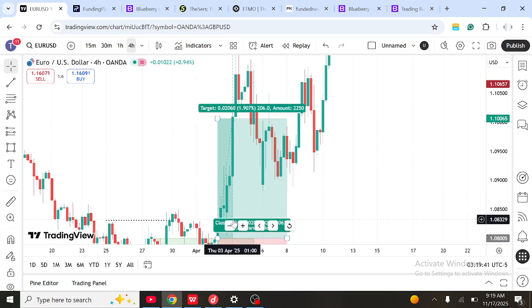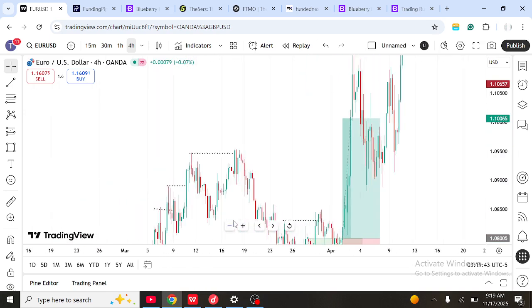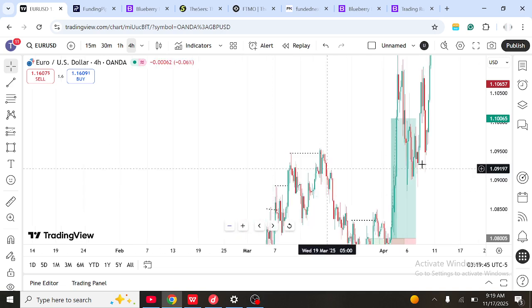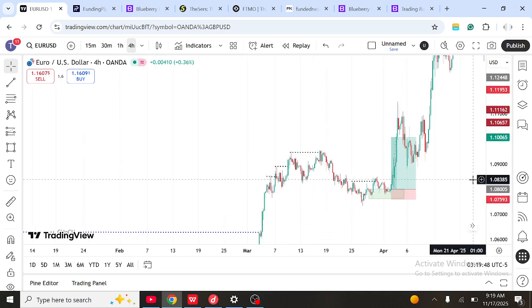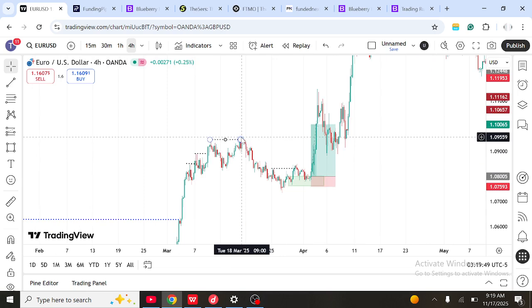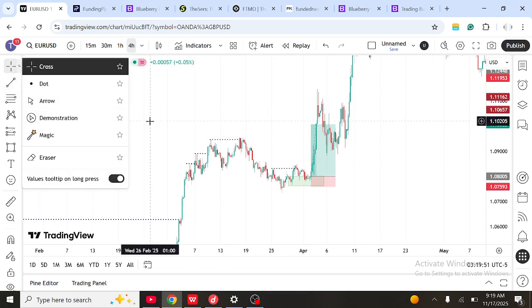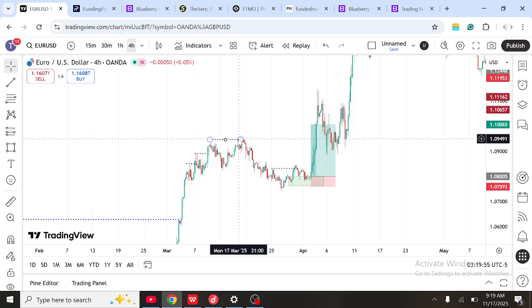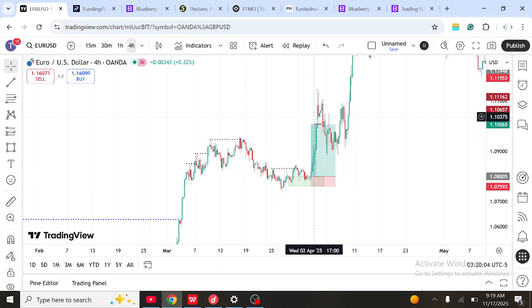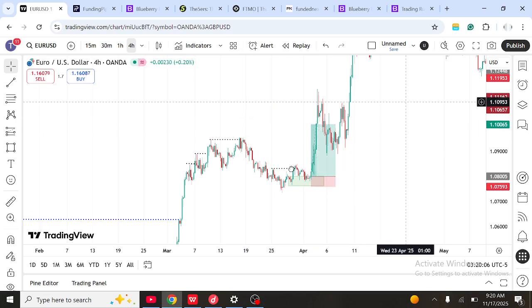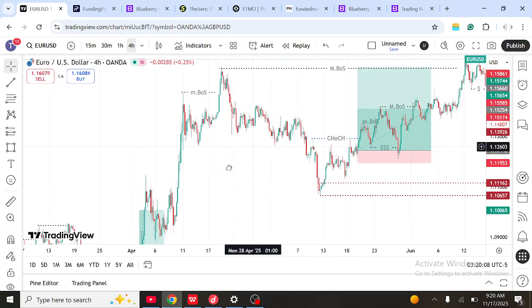Or you can have 2 entries, and the second entry will be above or around this level here on this high. That is if your 1:5 is not up to this high, but our 1:5 is even above this high. You can see that price broke above it. So that is one.